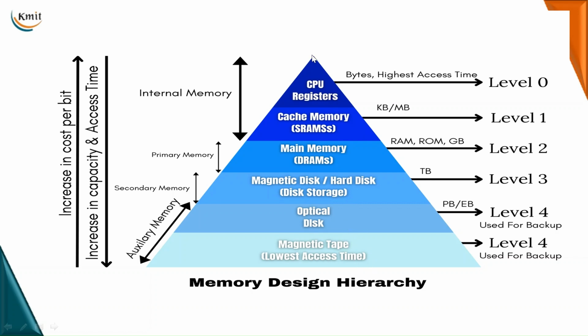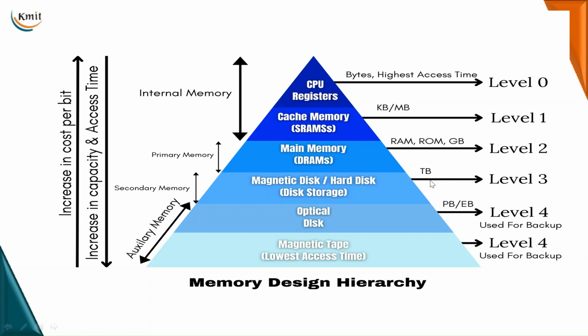CPU registers can store capacity only in the form of bytes, whereas a cache can store information in the form of kilobytes and megabytes, and a main memory can store in the form of GBs.